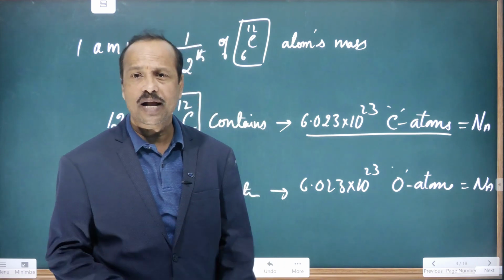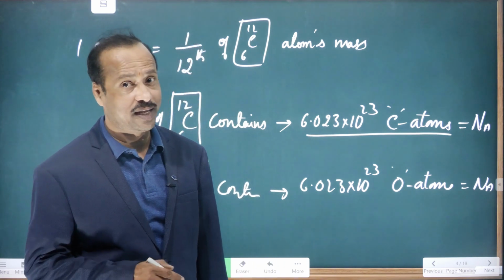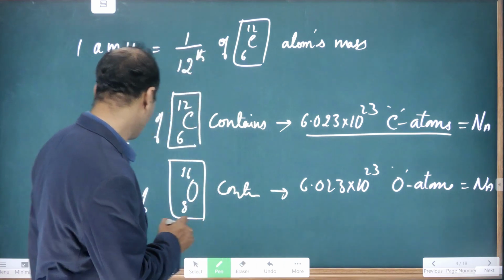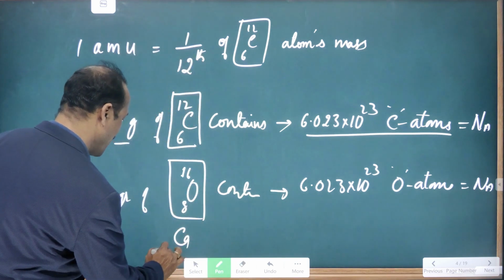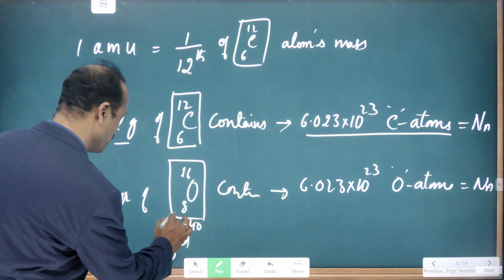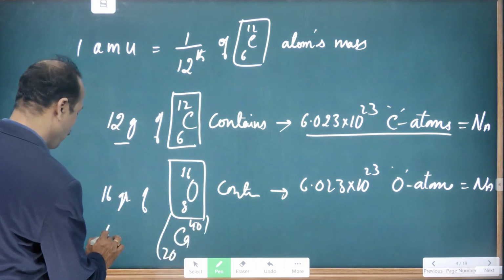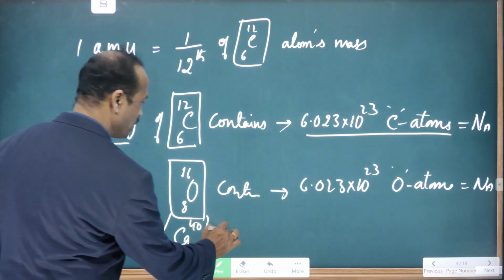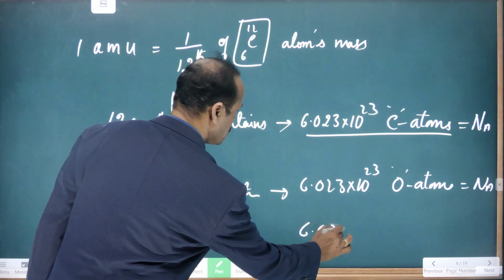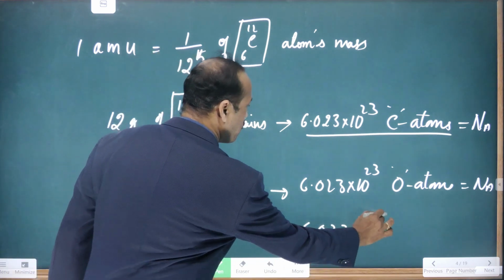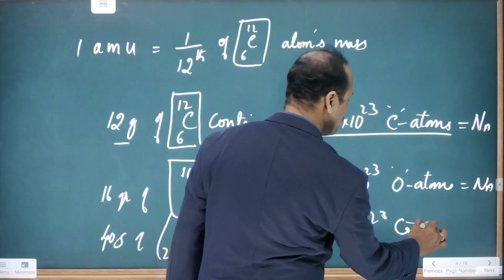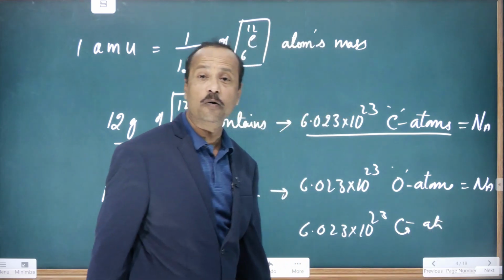Very simple. Calcium mass number is how much? 40. Atomic number 20, mass number 40. Yes or no? So therefore, 40 grams of calcium contains 6.023 into 10 to the power of 23 calcium atoms. Clear now?